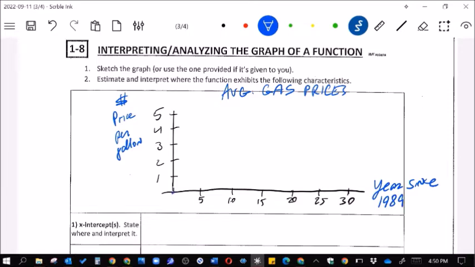That means that the beginning here at 0 is 1989. 5 years later, 1994. And 5 more years later, this was 1999. And then we're at 2004, 2009, 2014, and 2019. So the prices shown here are over those 30 years, starting from 1989.